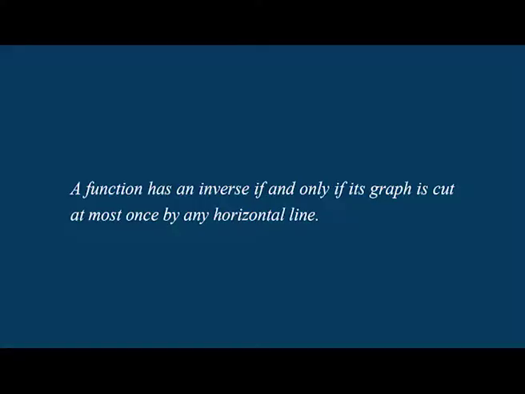We state that a function has an inverse if and only if it is one-to-one. With this result, the horizontal line test, which says that if a function f is one-to-one, then each horizontal line intersects the graph of f in at most one point, can be written in the following form.